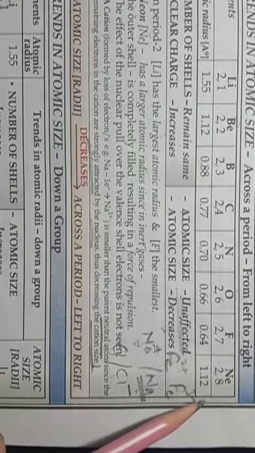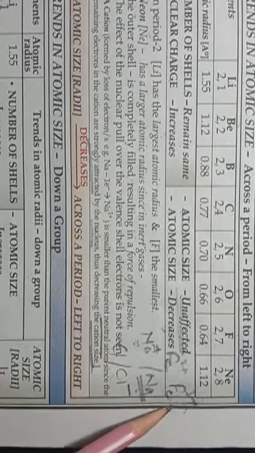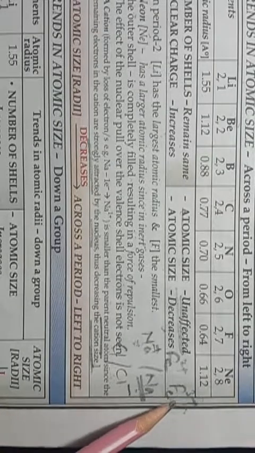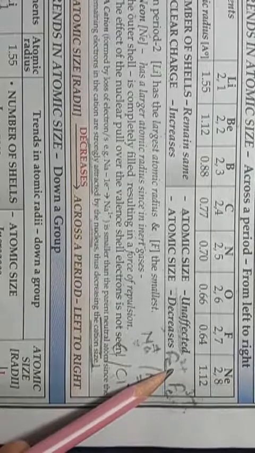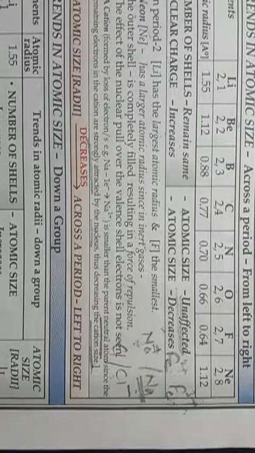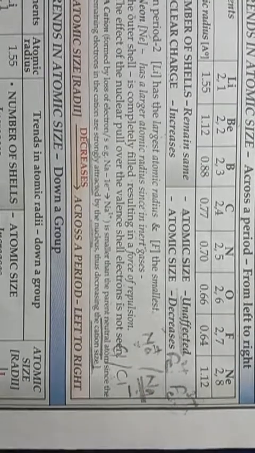So due to the higher number of electrons lost, the nuclear charge effect will be higher in this case, so the size of the ferric ion will be smaller than the ferrous ion. Okay children, in this way you can explain the radius of positive and negative ions.